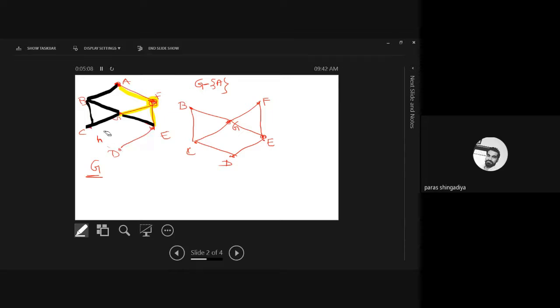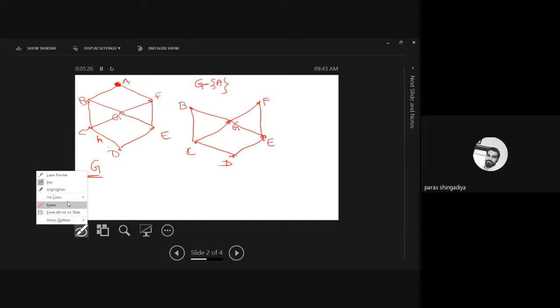And now for the next one, we delete this edge H. You only have to delete the edge H, and the remaining part you just consider as it is. There is a graph we have, and now delete the edge H only to create G minus H. The remaining vertices will be as they are.